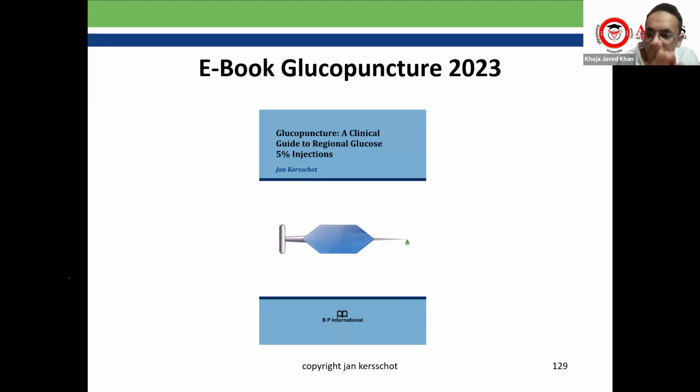Okay. So as much as I can understand, you are as of now doing only glucopuncture, 5% dextrose, for your procedures. Prolotherapy is... Oh, yeah. I still apply my neural therapy that I learned in the 1980s, which is procaine, and inject it also into scars, into interference fields, and so forth.